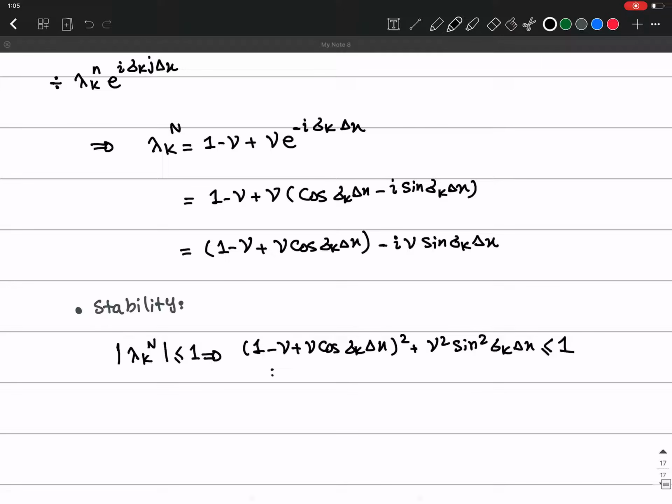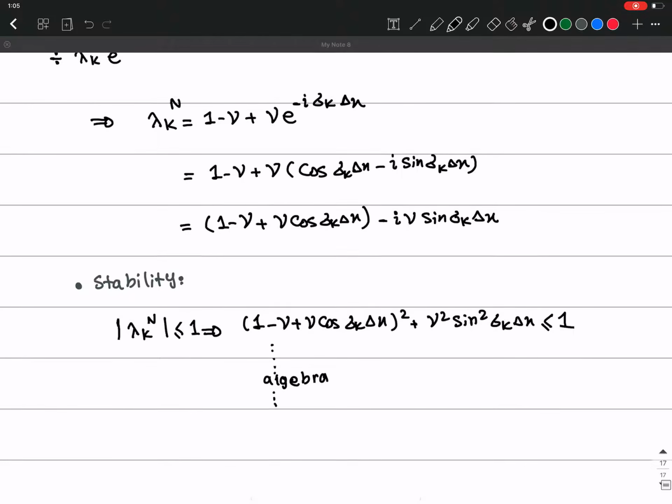If you do some algebra, which I'm not going to go through, with some trigonometric identities and other simplifications, you will finally get to this equation: 2 nu (1 minus nu) times 2 sine squared (sigma_k delta x over 2) should be smaller or equal to 0.